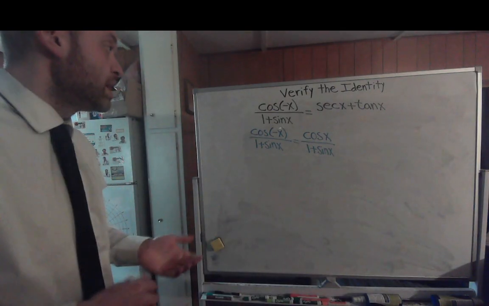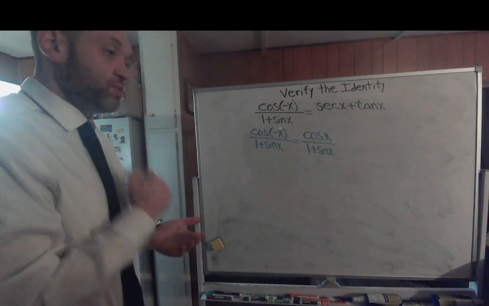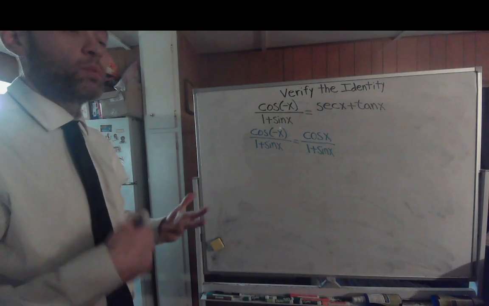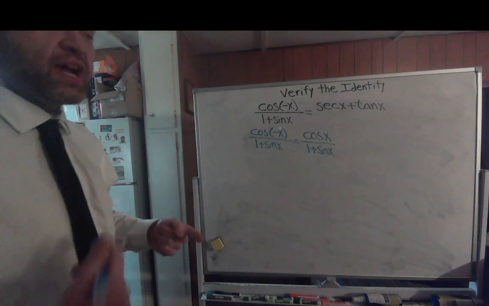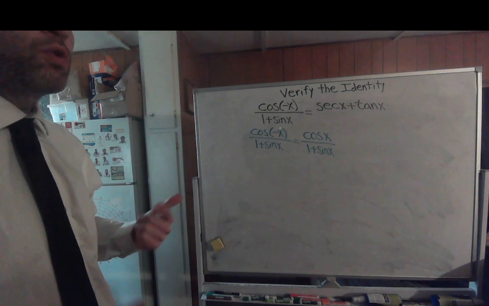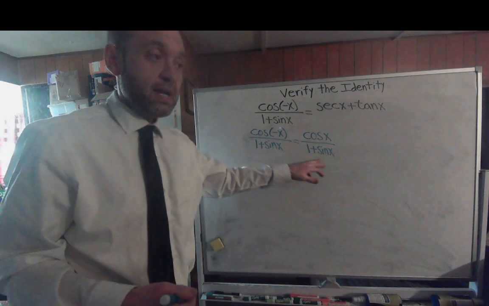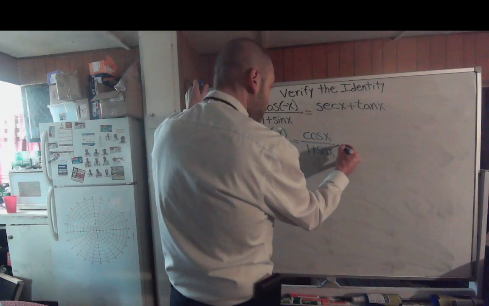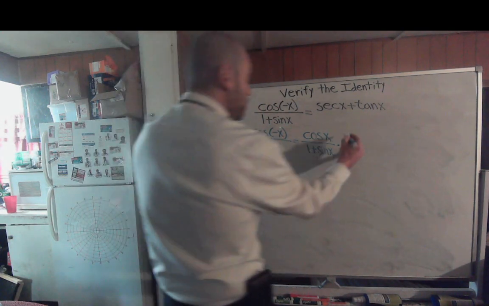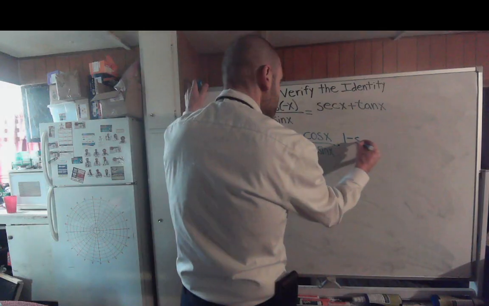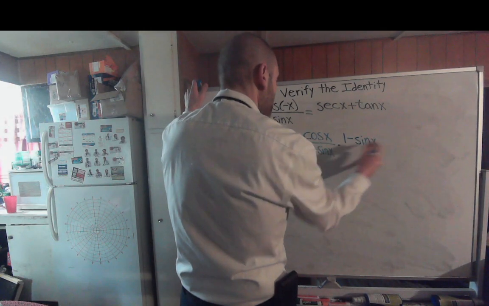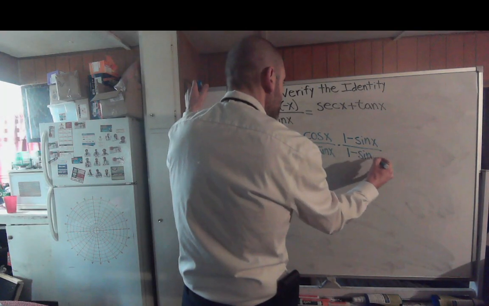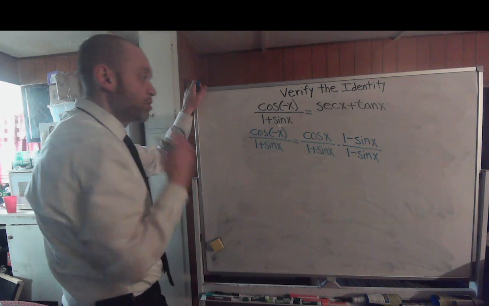Well, what you can do, much like if we're working with radicals or with complex numbers, is rationalize the denominator, or multiply the denominator by its conjugate. So the conjugate of 1 plus sine of x would be 1 minus the sine of x.